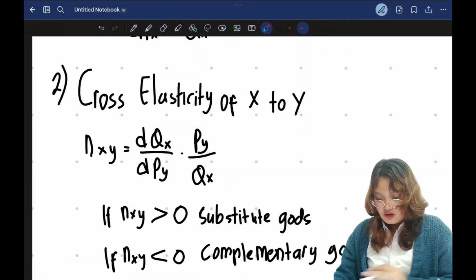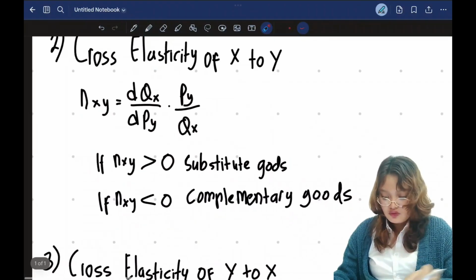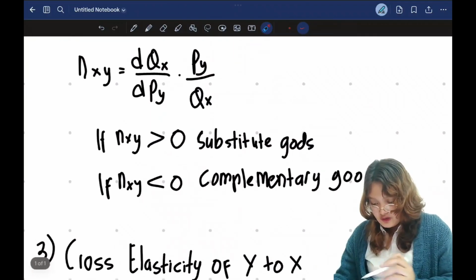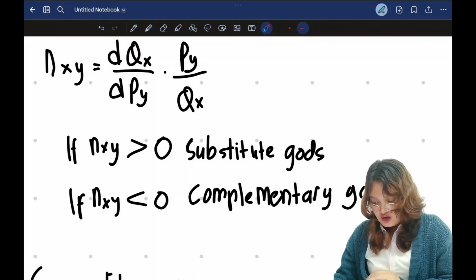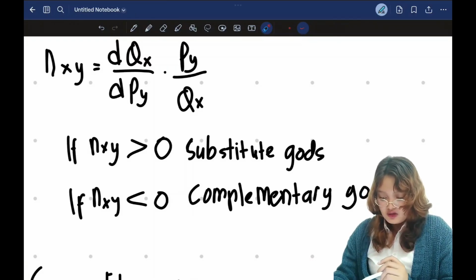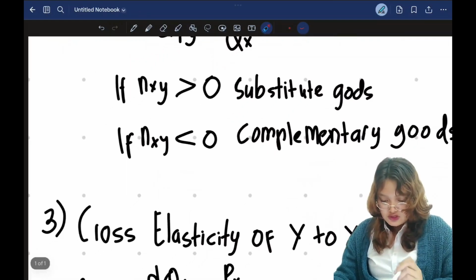Next, cross elasticity of X to Y. This is the formula, and if NXY is bigger than 0, it means substitute goods.